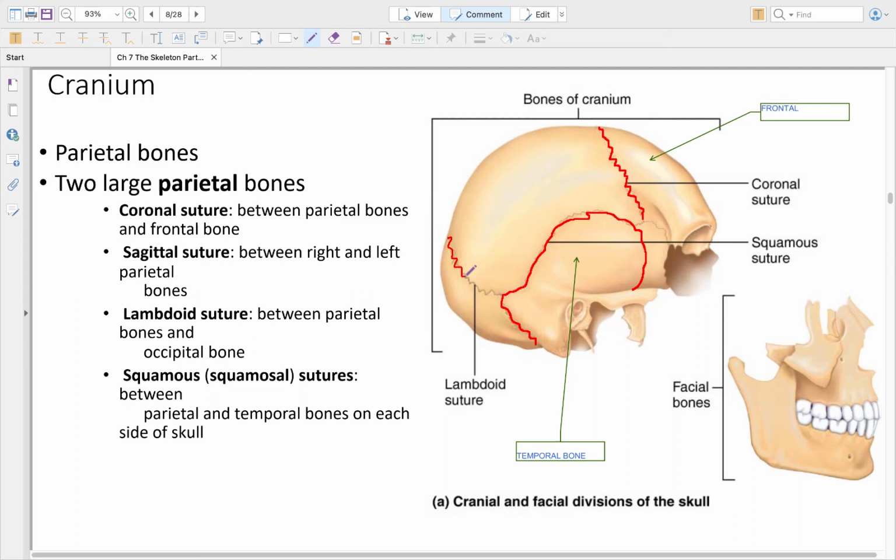Alrighty, and if you take a look at the very back of the skull, see that suture that goes all the way across? That is referred to as the Lambdoid Suture, and it connects the parietal bone, which is here, with the occipital bone, which is here.